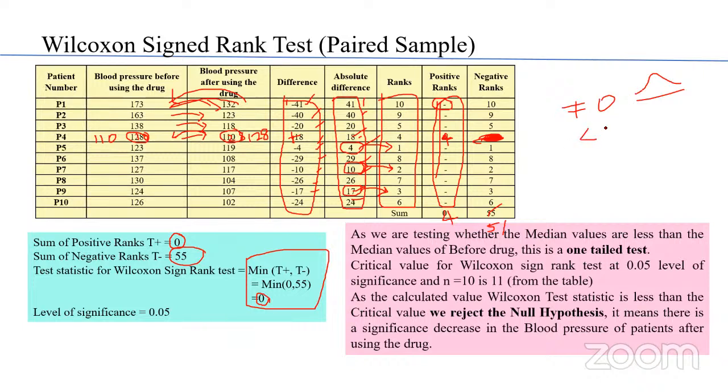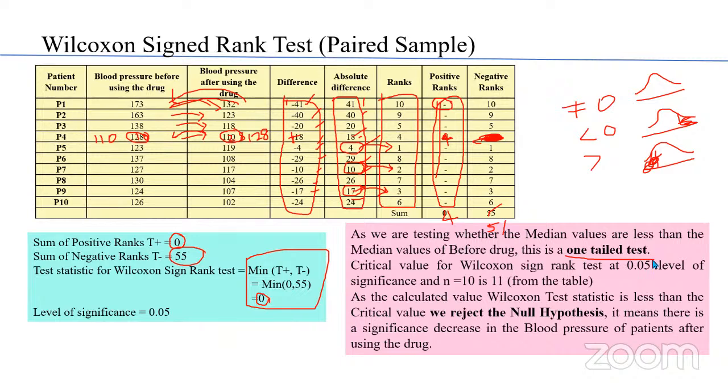If you're trying to find out less than some value or greater than some value, then this will become either a right-tailed test or a left-tailed test. Is that clear? Is that fine? Yes, sir. So this is a one-tailed test, and if you have any doubt, you can go back to the earlier class video so that you will get some kind of idea here.